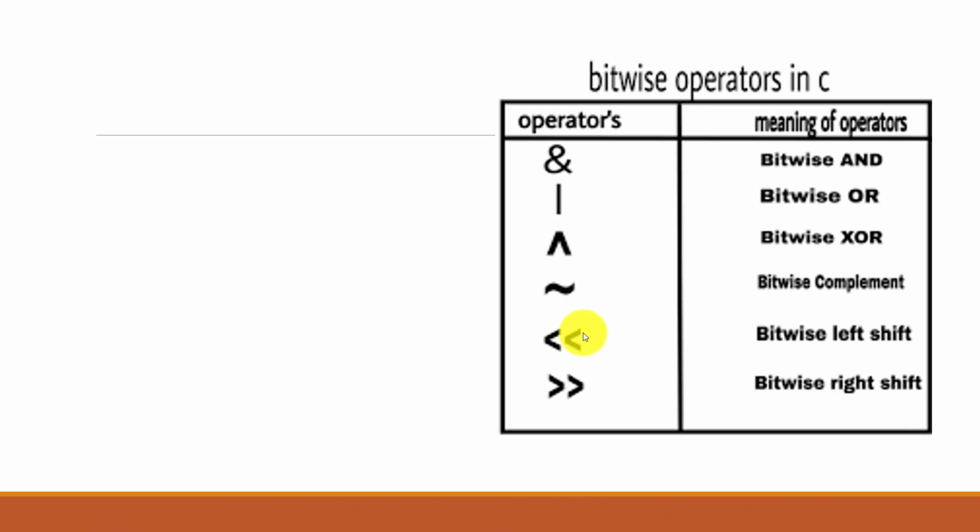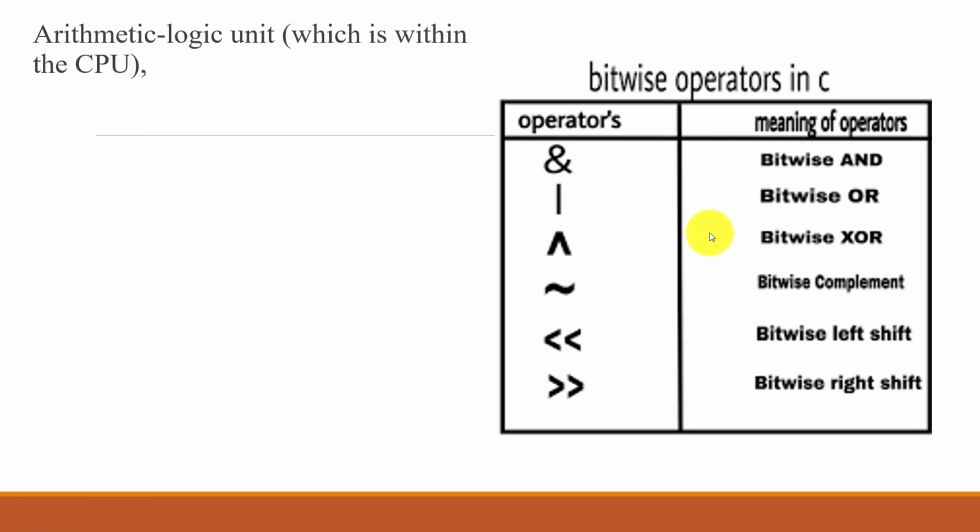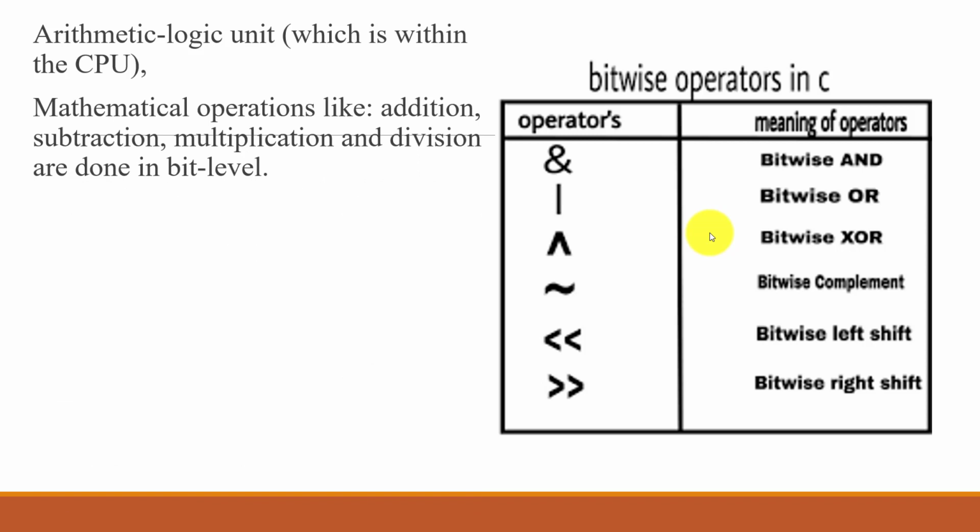Now, bitwise operators are nothing but the operators which act on bits. We know that the arithmetic logic unit in the CPU performs all mathematical operations like addition, subtraction, multiplication and division at the bit level. That's why it is called a bitwise operator.